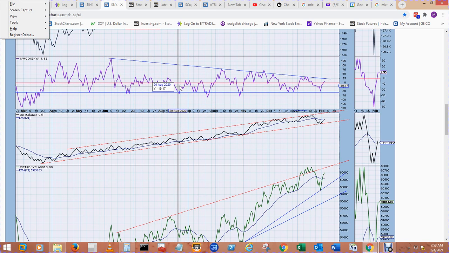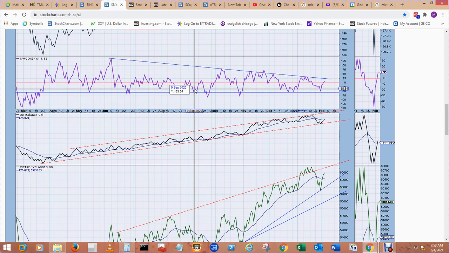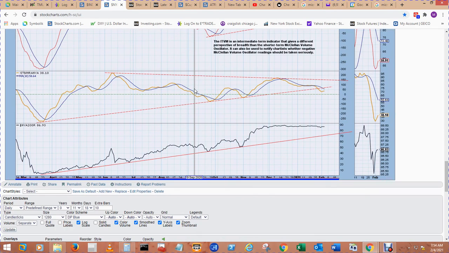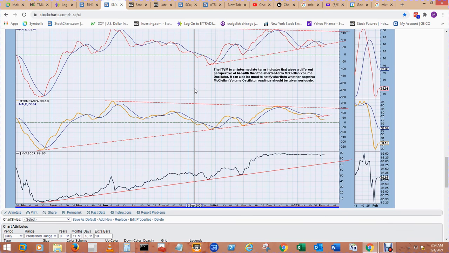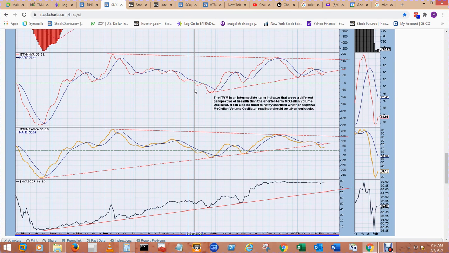So we'll go back to September 9th. Right here, and now we'll scroll down and take a look at the intermediate volume. You could see it breached zero right here on the 9th.